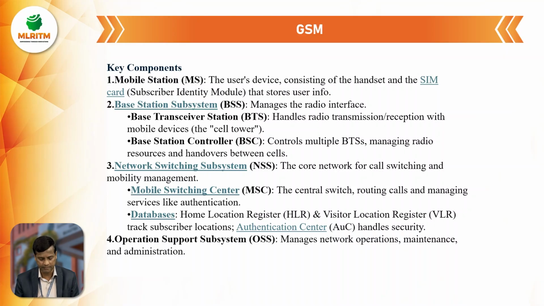The next is the databases: the home location register, HLR, and the visitor location register, VLR, track subscriber locations, and the authentication center, AUC, handles security. And the last one is the operation support subsystem, which manages network operations, maintenance and administration. In the operation support subsystem, what happens?